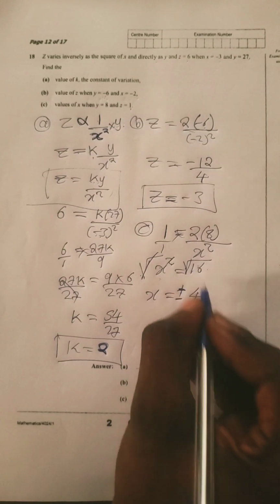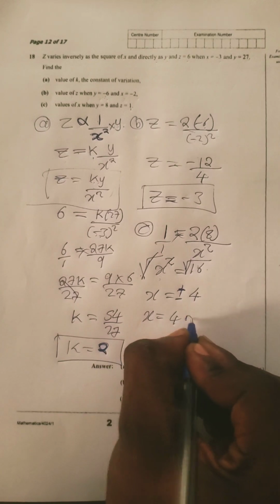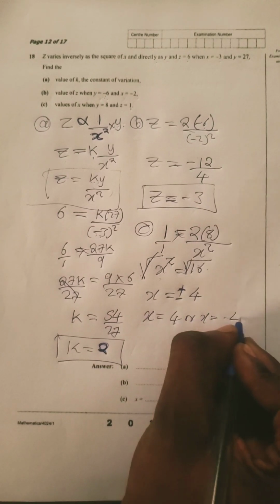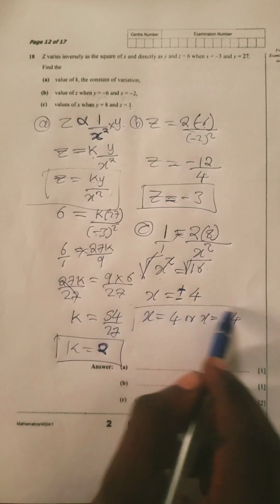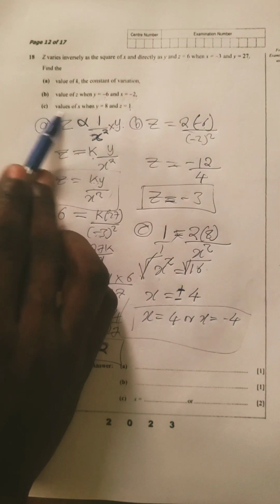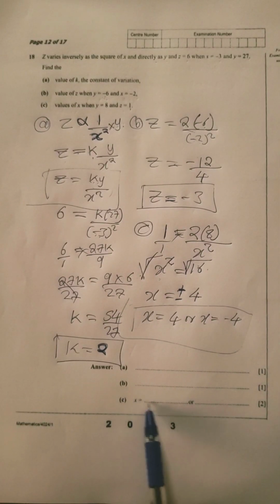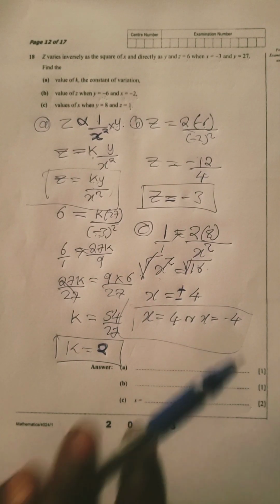So the square root of 16 is 4. Therefore, x is equal to positive 4 or x is equal to negative 4. No wonder when you look at the question, they said values of x, not value. So this is not singular, it's plural, meaning you need to have more than one answer. Even here, x is equal to this or this. So that's the case.